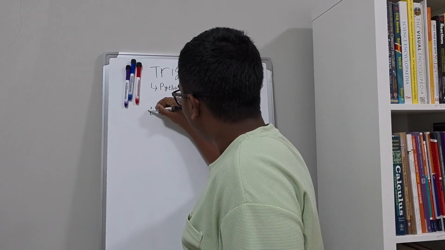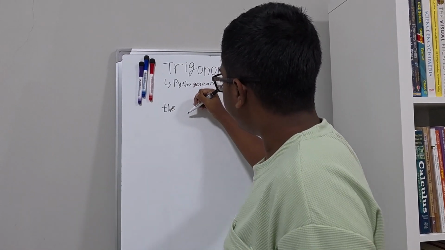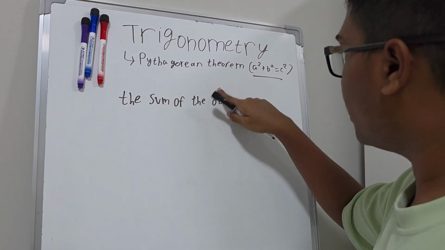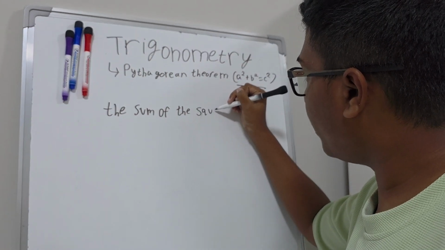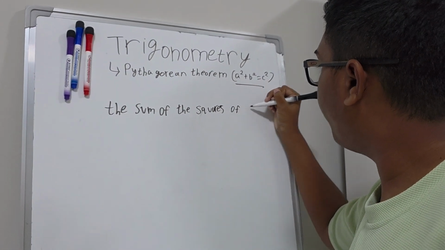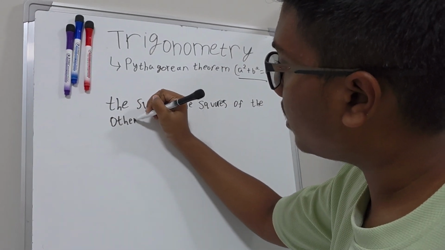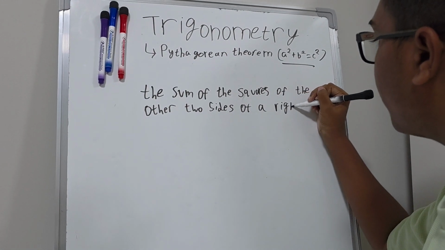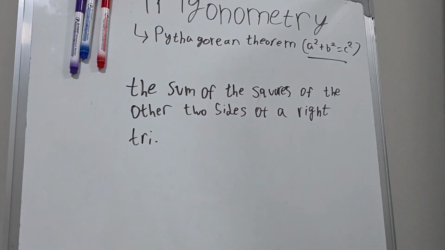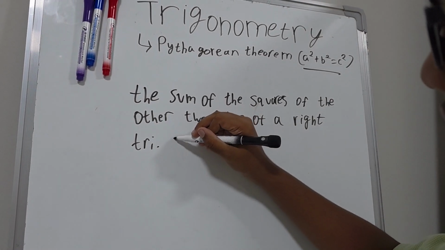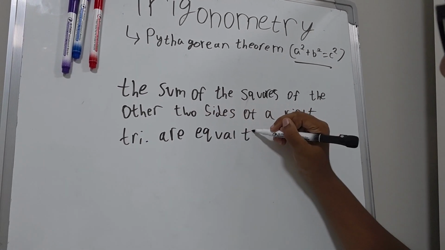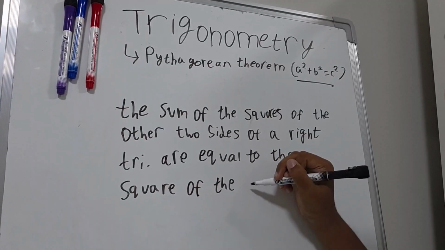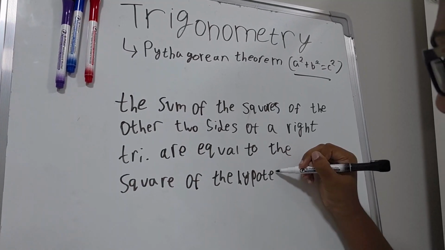It states that the sum of the squares of the other two sides of a right triangle, which I will abbreviate as tri and a dot, are equal to the square of the hypotenuse.